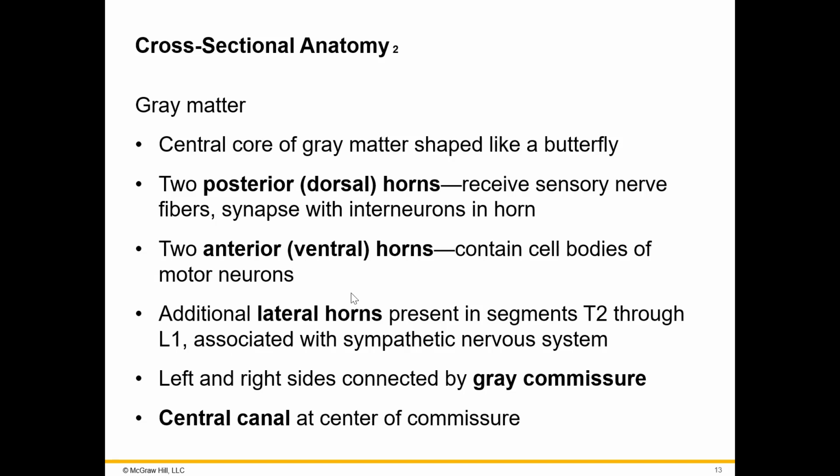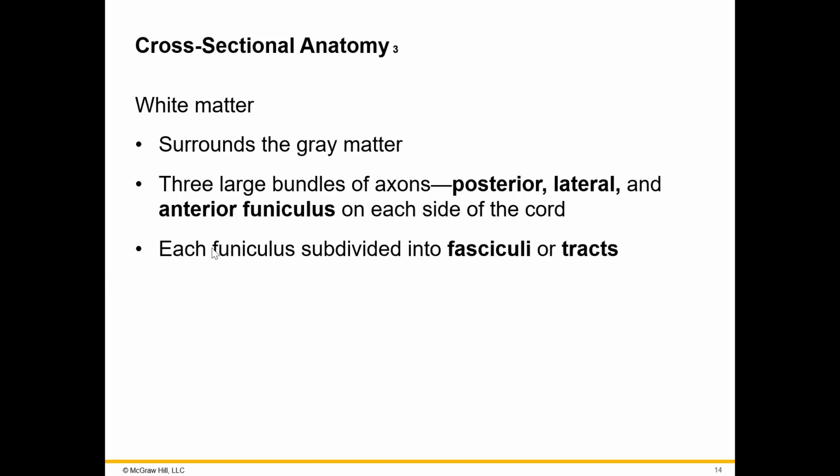There are additional lateral horns that are present in segments thoracic 2 through L1, and they are associated with the sympathetic nervous system. The left and the right sides are connected by the gray commissure, and the central canal is at the center of the commissure.